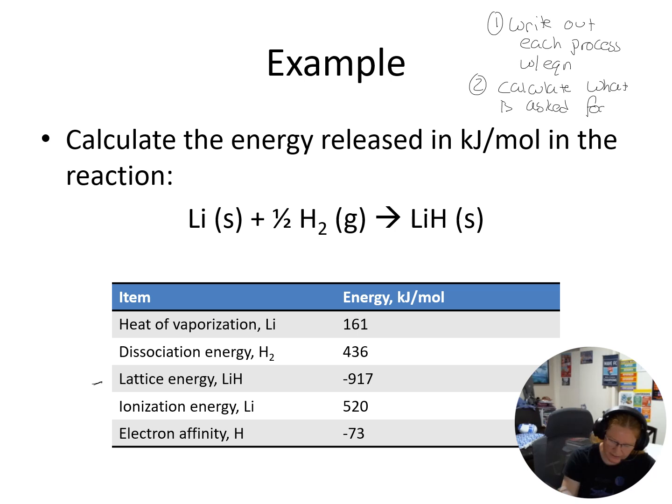Now there is a lattice energy here, so the energy released, again, you're gonna calculate the delta H of formation, okay? All right, so try it on your own, and you should get negative 91 kilojoules per mole as your delta H of formation for lithium hydride. All right, that's our lattice energy.